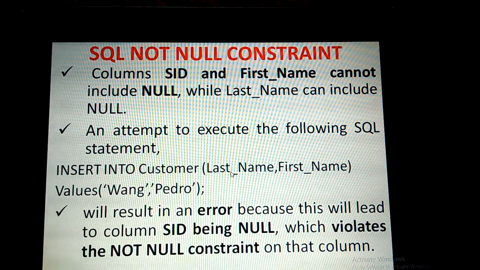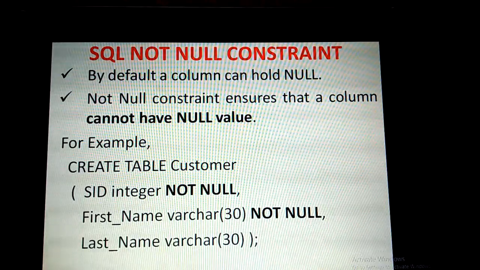Here SID is missed. If we are not passing a value for SID, the first value is assigned to last name and the second value is assigned to first name, because we mentioned the attribute names clearly in order. But SID is missing here, so what value will it have by default? We have already studied that by default any column can hold a null value.